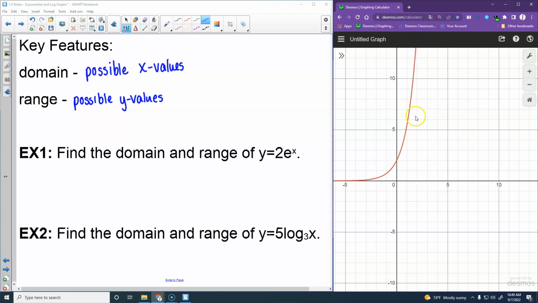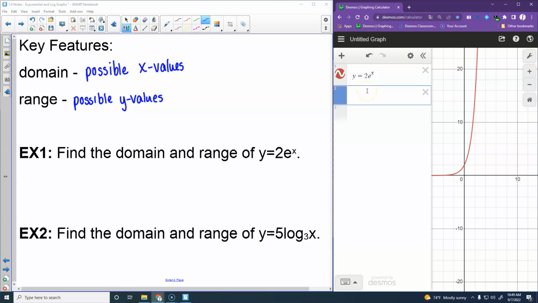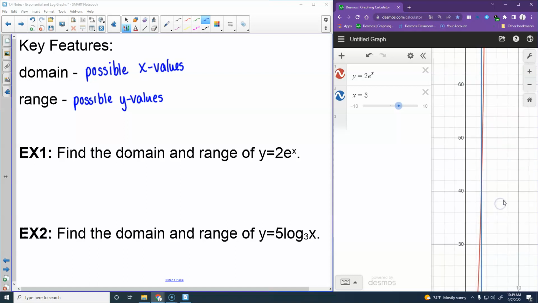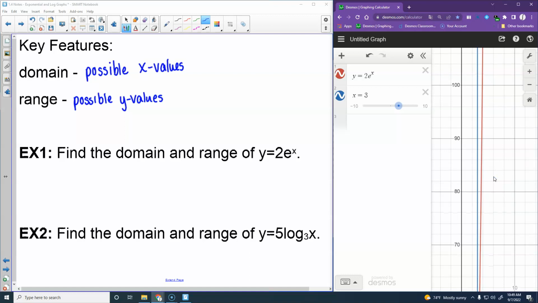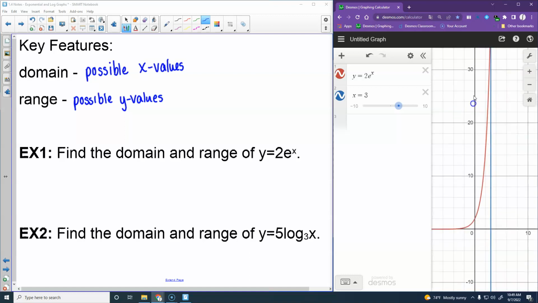So I'm going to say it looks like maybe x equals 2, but if not 2, x equals 3 maybe. That looks like a vertical asymptote, but if I go up far enough, it crosses. And what we're going to find is that's going to be the case for all exponentials. So in this case, I don't have any vertical asymptotes.